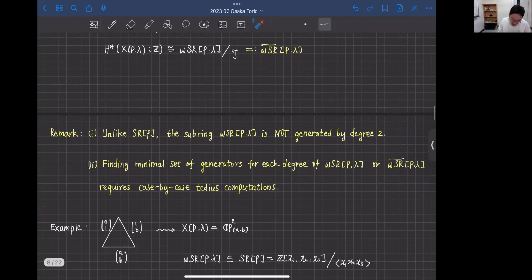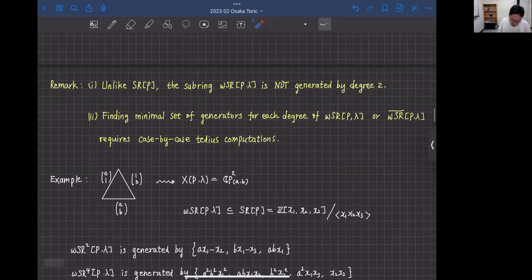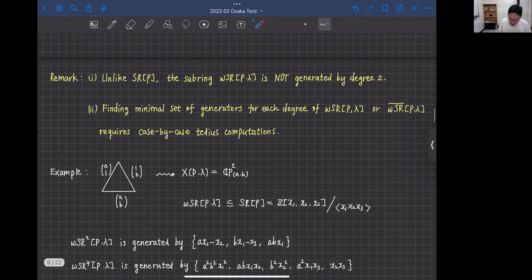Okay, for instance, let's think about the characteristic pair (1,0), (0,1), and (a,b). This is the characteristic pair for the weighted projective space with weights a and b. And then the weighted Stanley-Reisner ring is a subring of the Stanley-Reisner ring with variables, let's say, x1, x2, and x3.